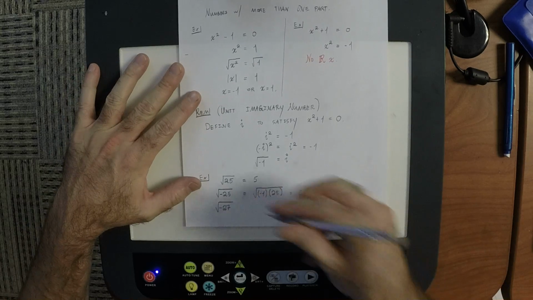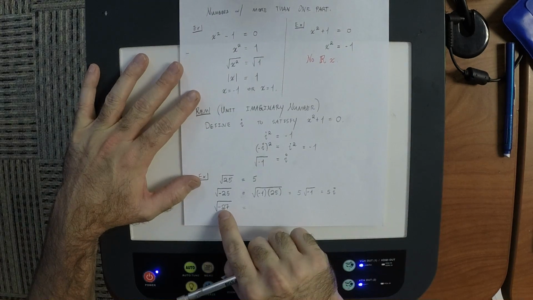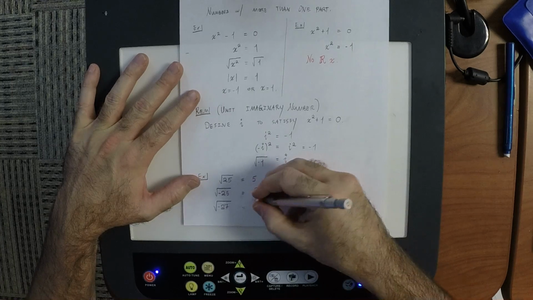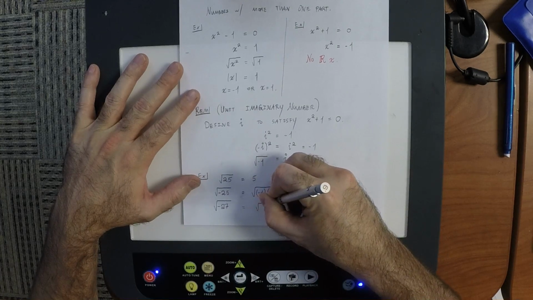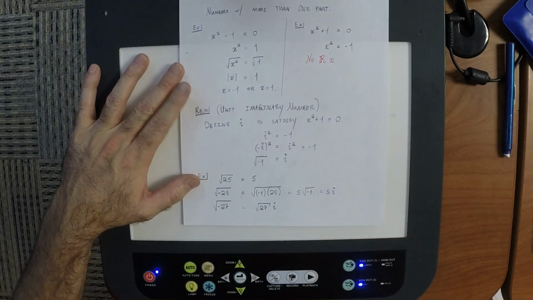So how much can come out? An i can come out, right? I think we can agree on that much. So the square root of 27 and then i.